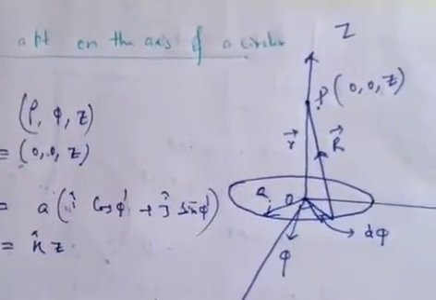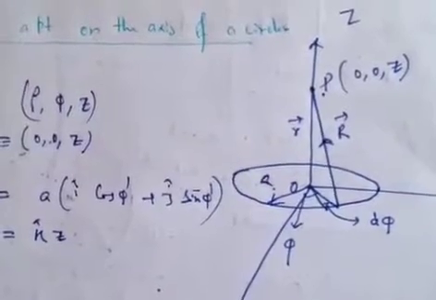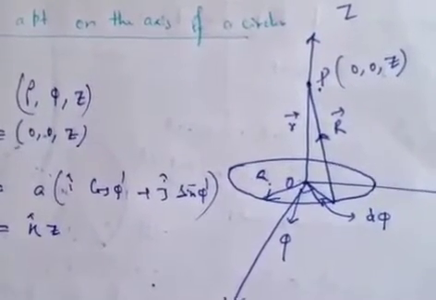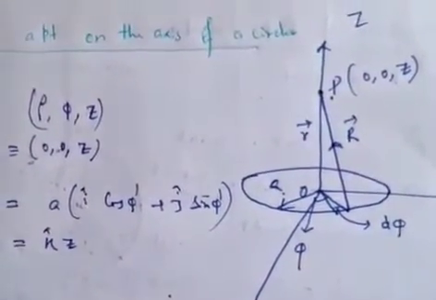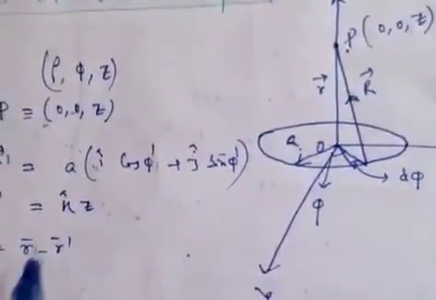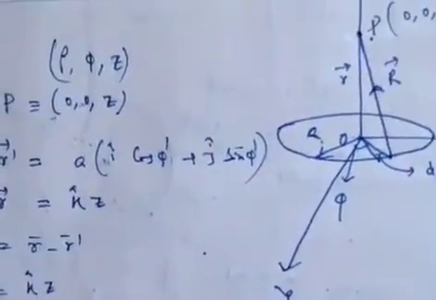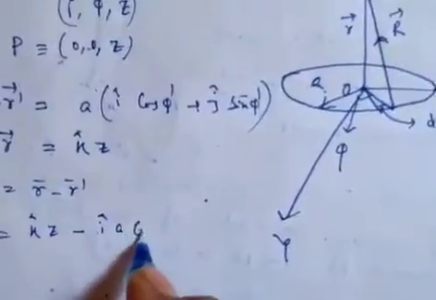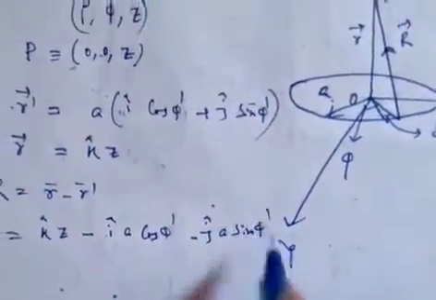So the field coordinate r vector is equal to k cap times z. Clear? Now we want to write down the capital R vector. What is the capital R? The capital R vector is the relative position of the field coordinate with respect to the source coordinate. So R equals r minus r prime. We put here k cap z minus i cap a cos phi prime minus j cap a sin phi prime.